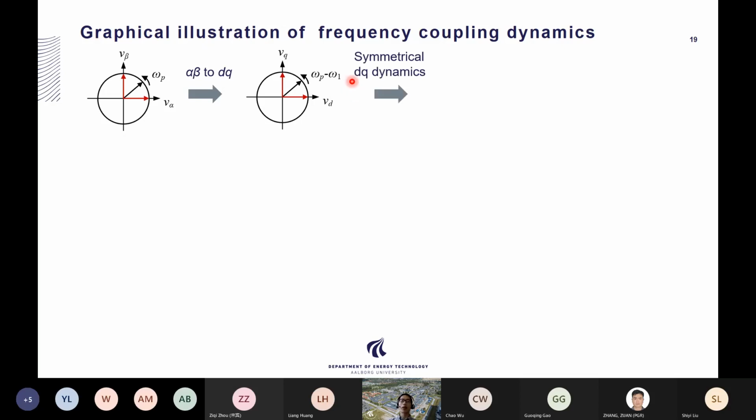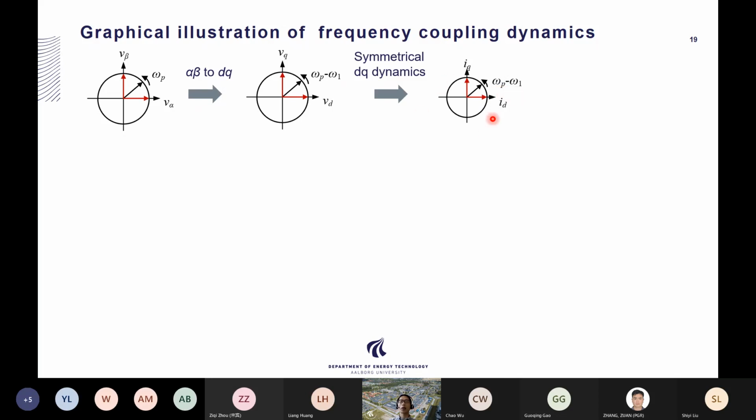Okay, first we consider a simple case where the control algorithm implemented is symmetrical in terms of DQ dynamics. If this control dynamics is symmetrical, we can expect the current response in the DQ frame also has similar magnitude in the D and Q axes, and its frequency is also omega p minus omega 1.